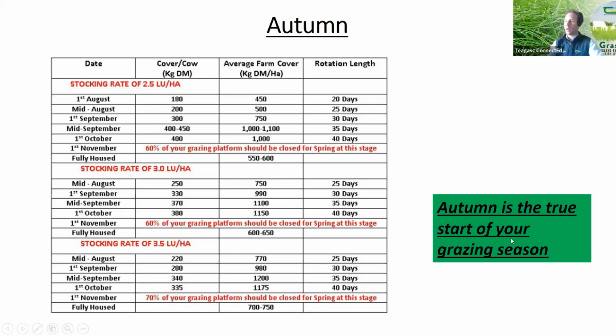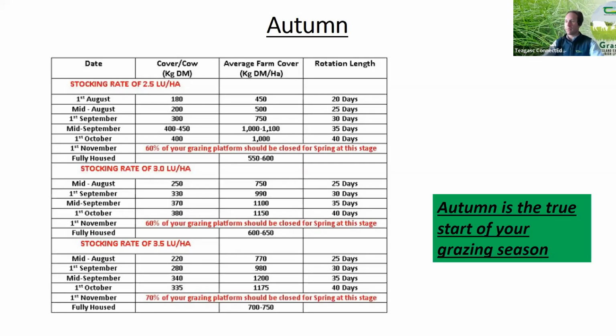And the final point on that, I say it an awful lot of the time, your decisions in the autumn dictate what you're going to have in the springtime. Okay, so how you manage that build up, how you manage your final grazing rotation in the year, whether you build to a peak of 1150 on the 1st of October and manage that carefully, and get a good bit of grass in the diet in the back end, but leave plenty for the spring.